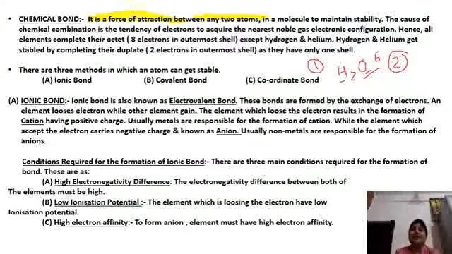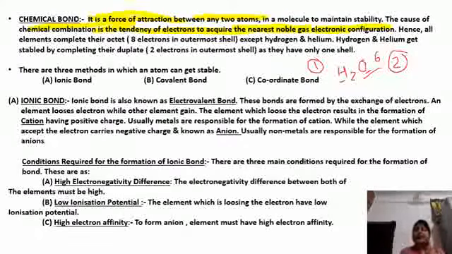Or we can say that in a chemical combination, each element tries to gain the nearest noble gas electronic configuration. हर एलिमेंट ये चाहता है कि उसके नियरेस्ट जो भी noble gas है.